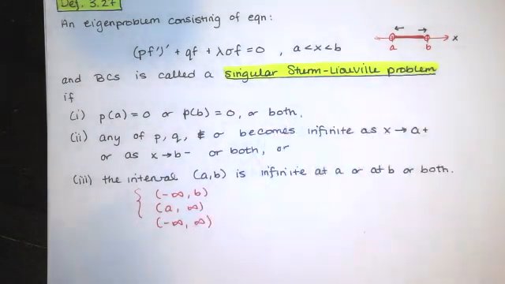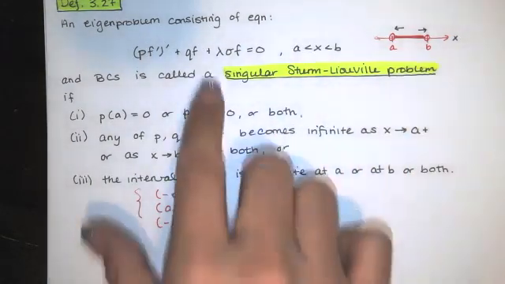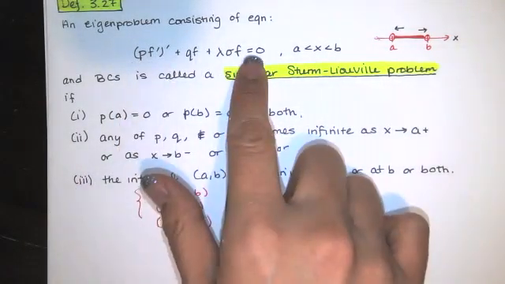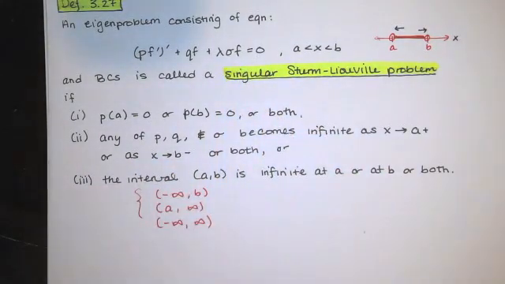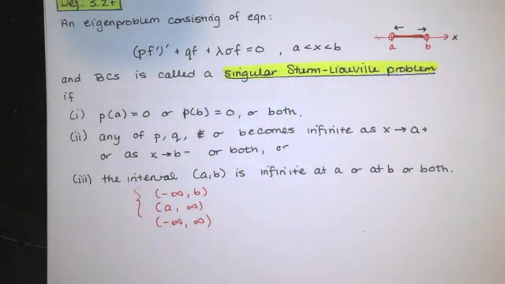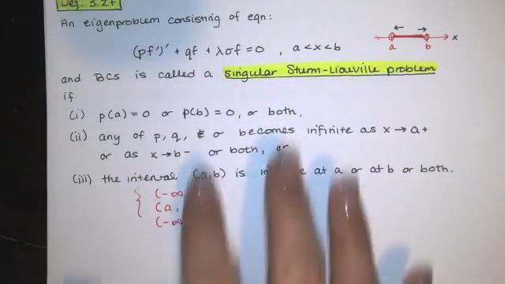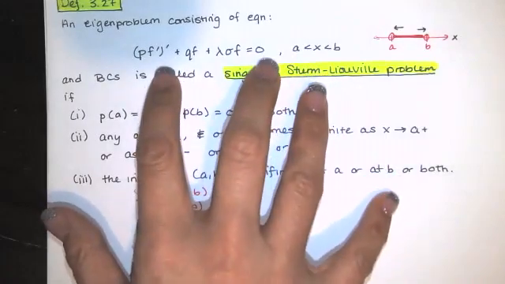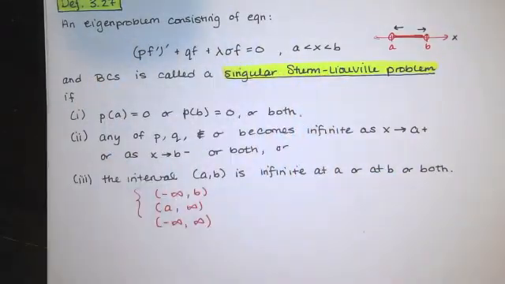Now our goal is still to find all of the functions that satisfy this differential equation. Those are called the eigenfunctions, and the corresponding values of the parameter lambda that go with those functions are called the eigenvalues. But of course, we're not just dealing with this differential equation, we're also dealing with some boundary conditions.